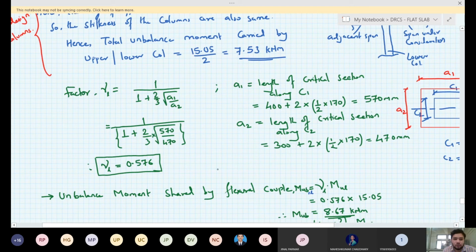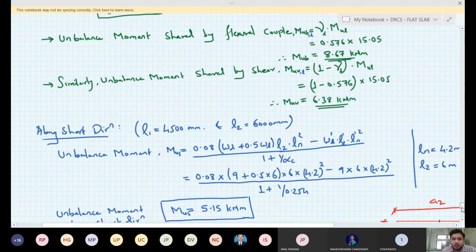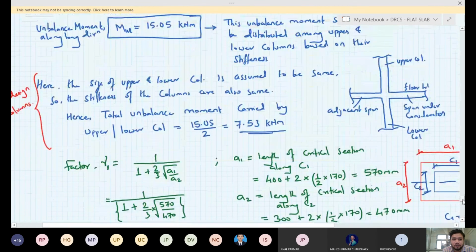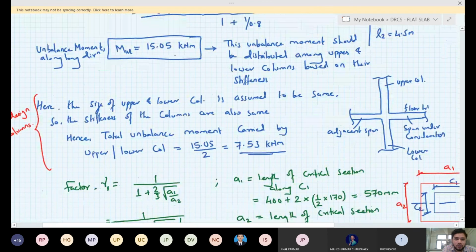So your unbalanced moment along the long direction carried by the flexural couple comes out to be 8.67 kilonewton meter, and the fraction carried by the shear couple is 6.38 kilonewton meter. Also note that this total unbalanced moment is also transferred to the columns above and below.